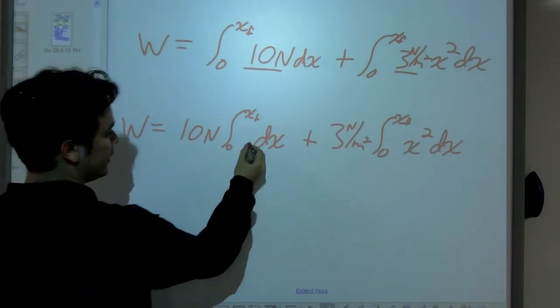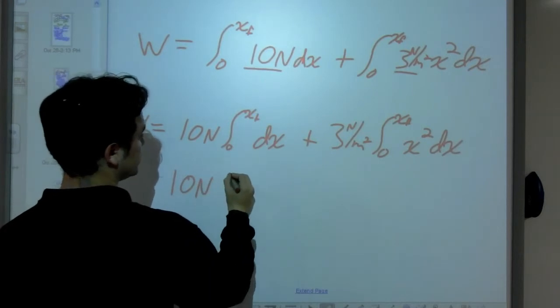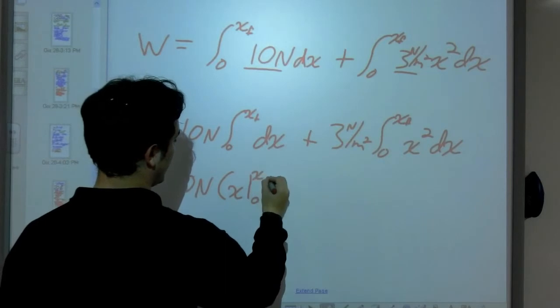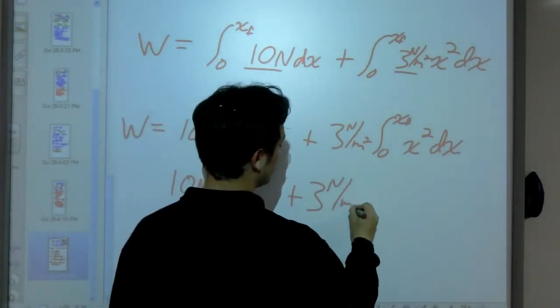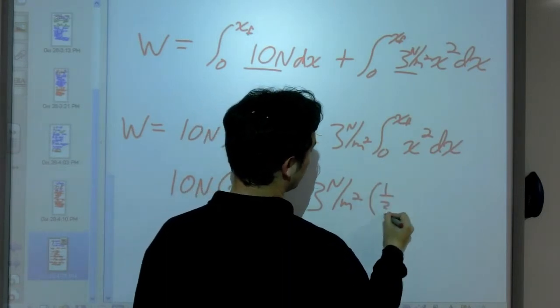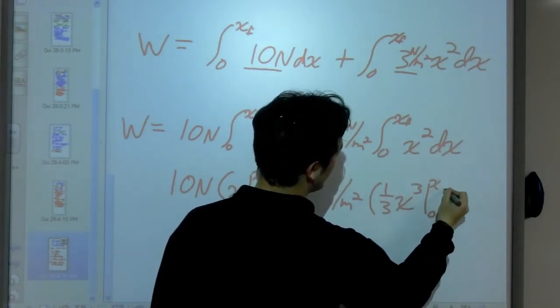All right, well, I evaluate these integrals. This one just becomes 10 newtons times x evaluated from 0 to x final, plus 3 newtons per meter squared times, this one is going to be one third x cubed evaluated from 0 to x final.